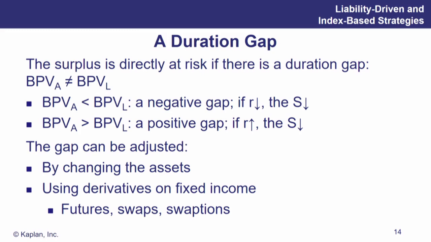In this module, we'll be looking at futures and swaps. We'll continue on in the next module and consider how swaptions, a really advanced technique, could be used. I would recommend you focus on the use of futures and swaps. That's probably more common, more straightforward, and more likely to be what you would be asked for on the exam, just as some advice.